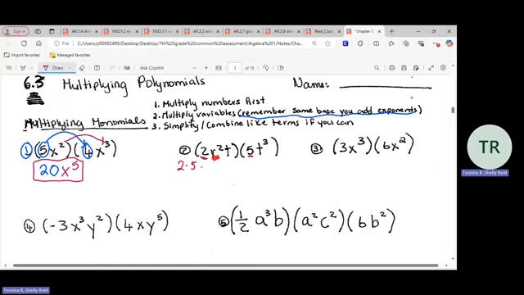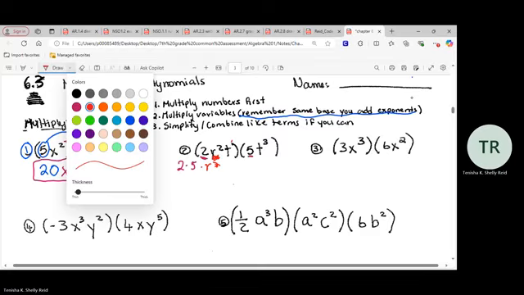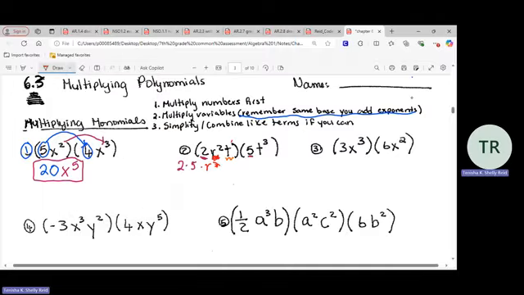There's no more, so it's just r times r, or just r squared. Then we have t to the 1 power and t to the 3 power. So t to the 1 power times t to the 3rd power. That's what's happening. Those are all the variables.